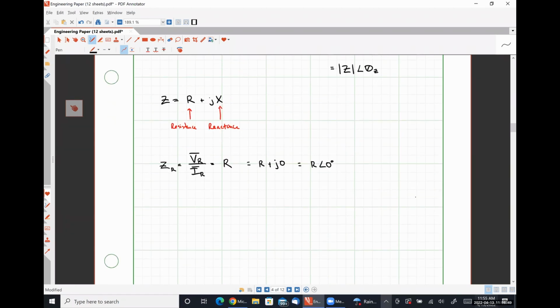For an inductor, we'll have VL divided by IL, which is going to look like j omega L, or more formally, 0 plus j omega L, or omega L with a phase angle of positive 90 degrees.